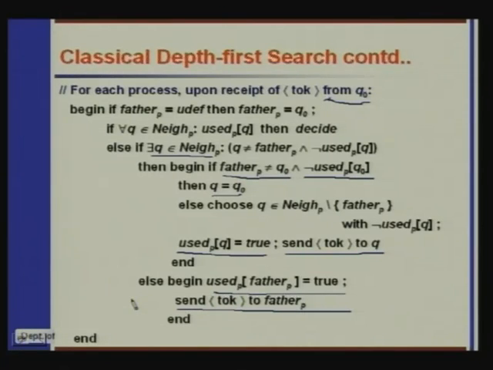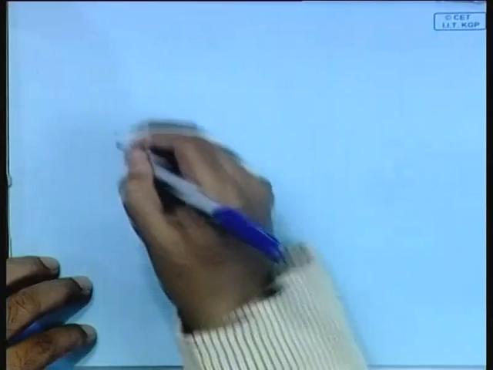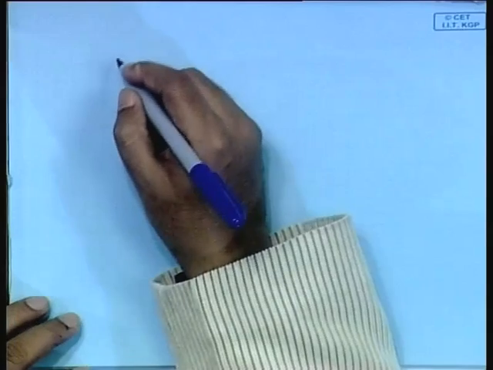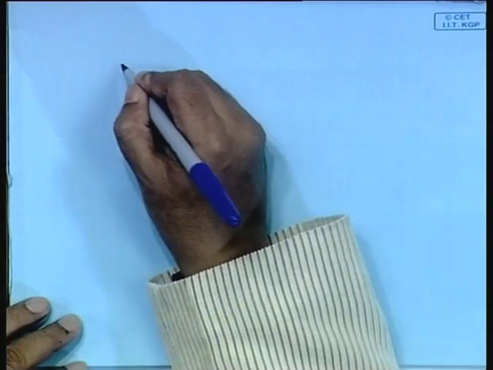Okay. Now, let us understand through an example how this algorithm is working, right. So, let me draw the process network first, who is adjacent to which.